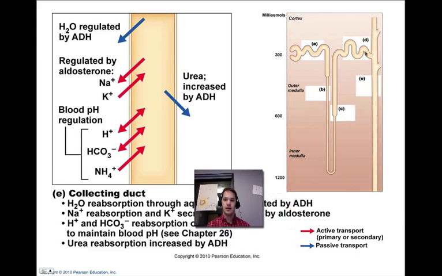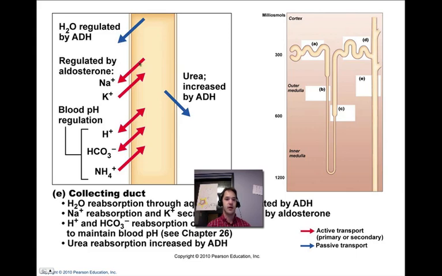In the collecting duct, so now we're pretty much out of the nephron and into the collecting duct. So water is reabsorbed through aquaporins or water channels. Those are regulated by antidiuretic hormone. So ADH inserts aquaporins into the membrane here in this collecting duct, and it causes more water to be reabsorbed.